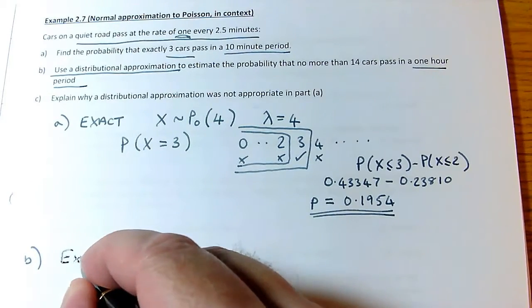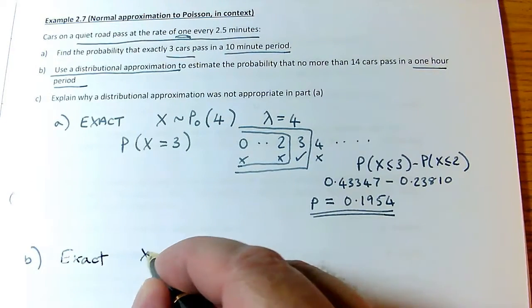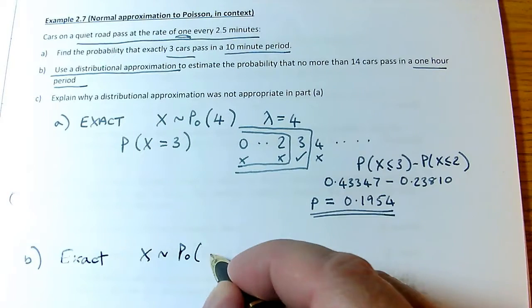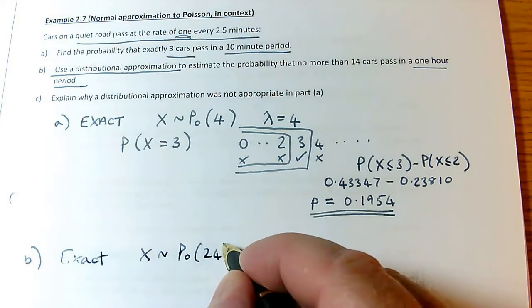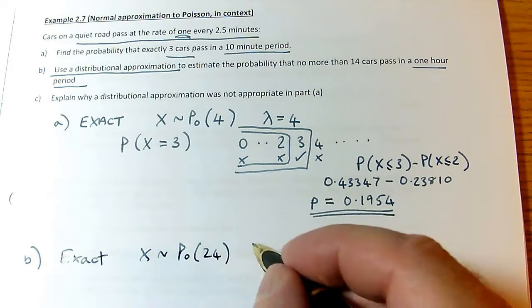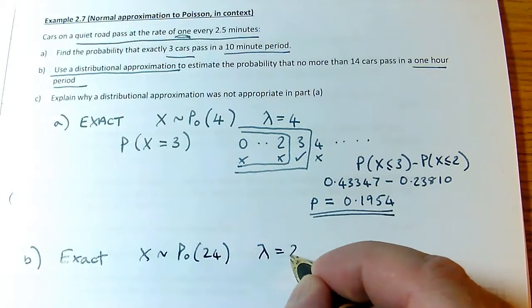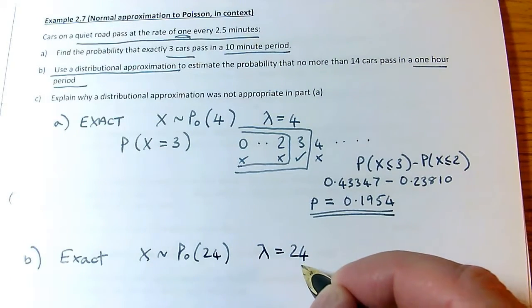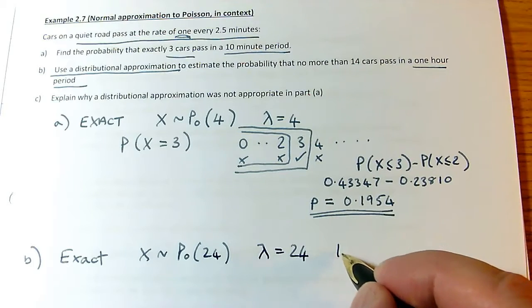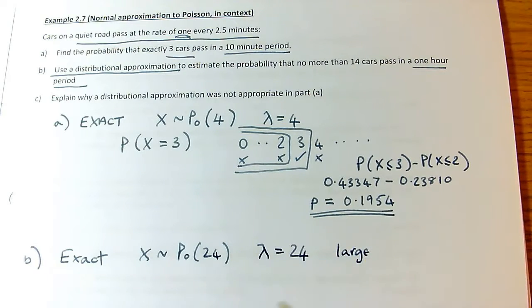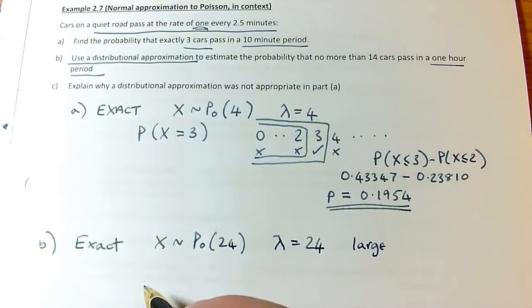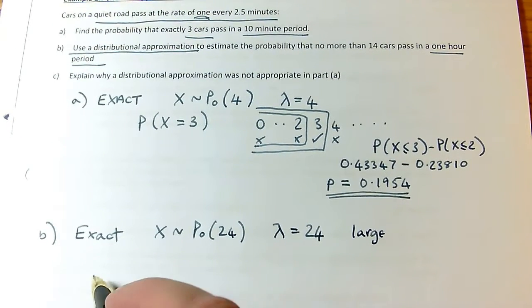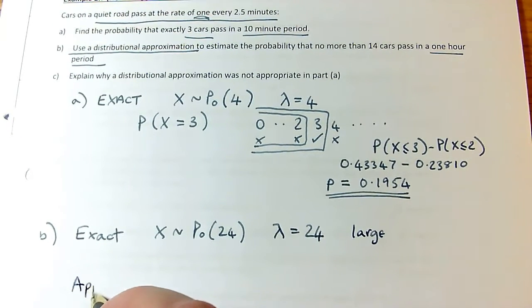So my exact distribution is X tilde Poisson. So 24 is the average number in an hour. So I've got lambda is 24, which is quite large. Good enough. So since lambda is large, I can now set up an approximate distribution.